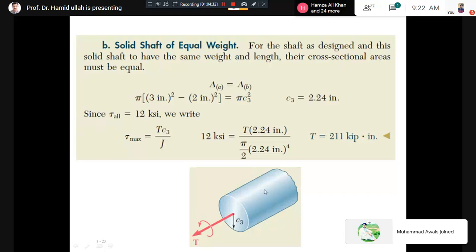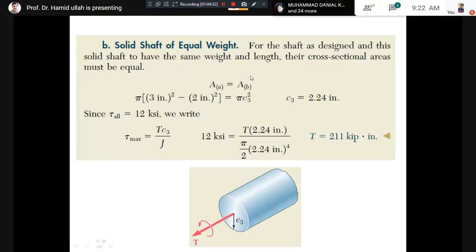Specific weight depends upon the material, so it will cancel out, and you will get volume for shaft A equal to volume for shaft B. What is volume? Area times length equals area times length. The length of this one is the same as the previous one, so length and length will cancel out.